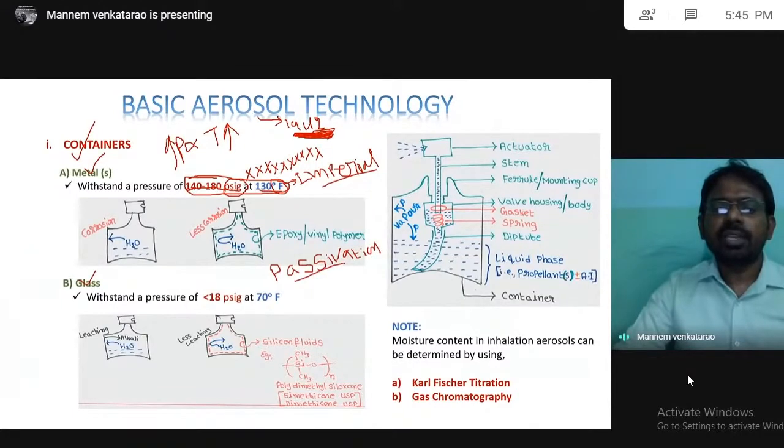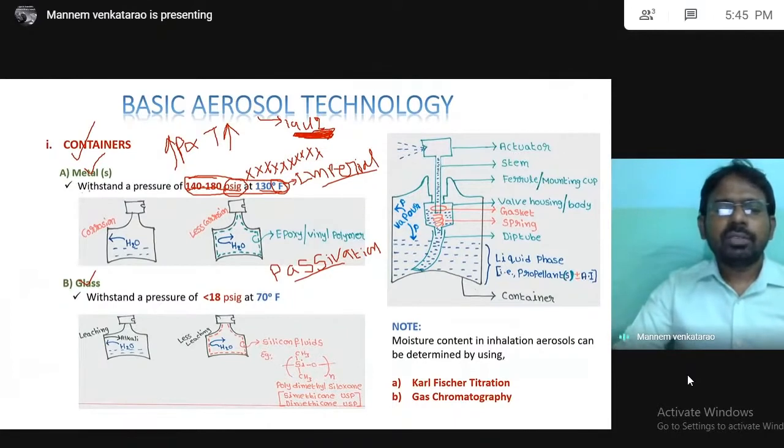Protection of the metal surface. How can you passivate the metal surface? Just by coating with epoxy or vinyl polymer, which is a water repellent. That acts as a screen, and the screen always repels water. Water cannot touch the metal surface, thereby corrosion decreases.